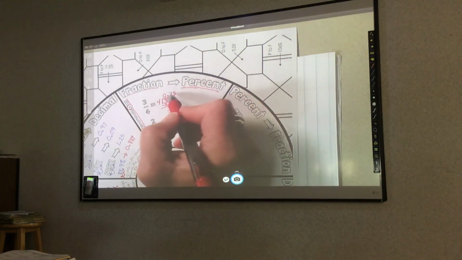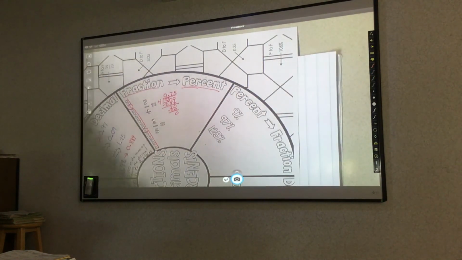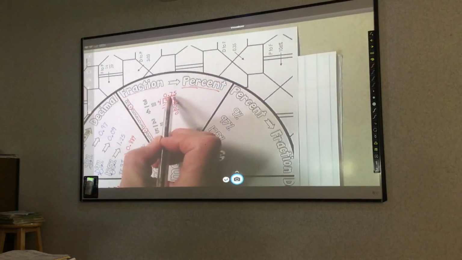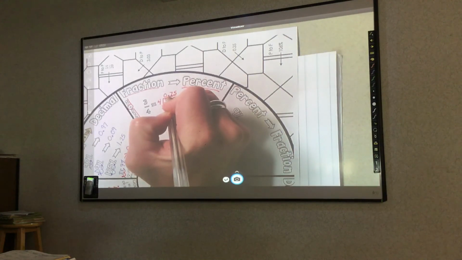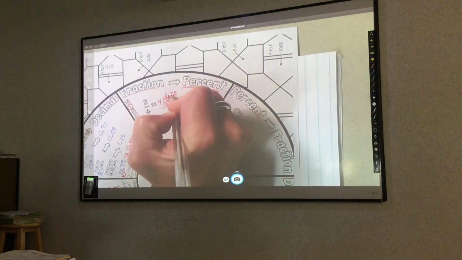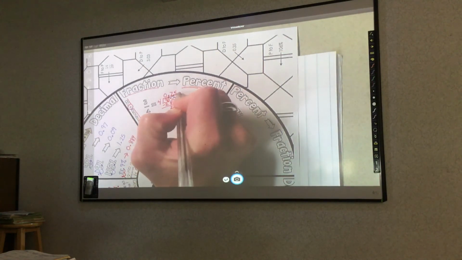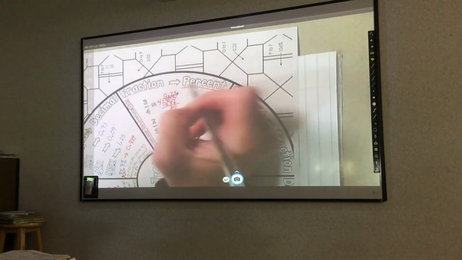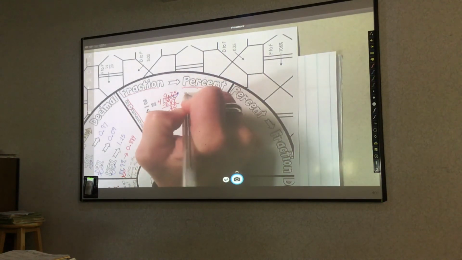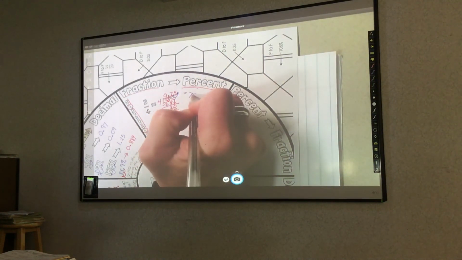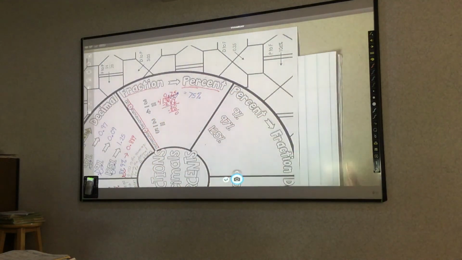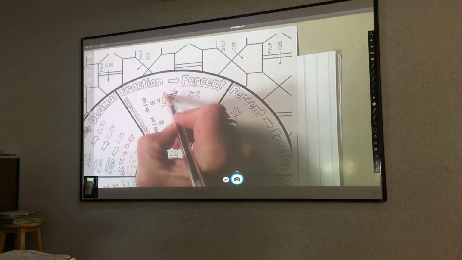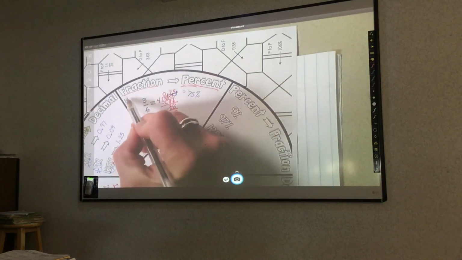So I've got 0.75. But we need to change that decimal now to a percent. So now I'm going to move the decimal to the right 2 places. So now my answer is 75%. I moved it to the right 2 because it said to multiply by 100.